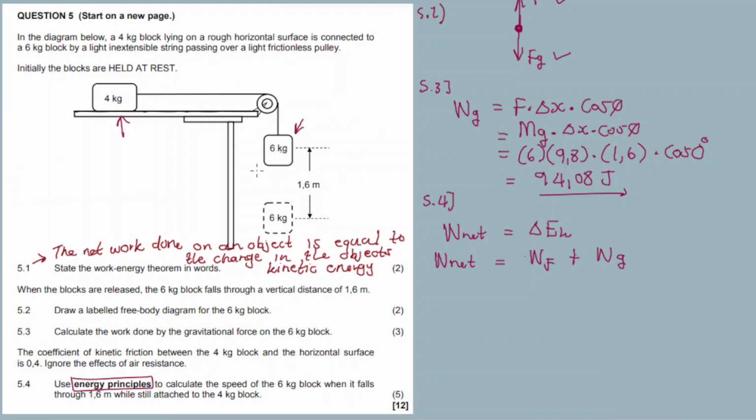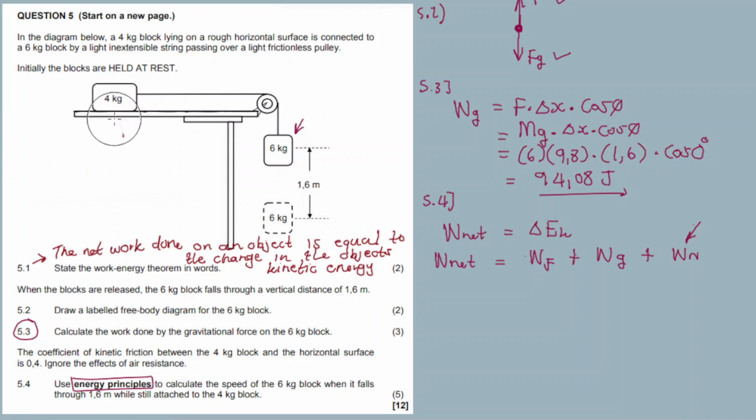The 6 kg block, which is something we calculated like in 5.3, plus the work done by the normal force. Is the normal force also doing work on this block? No. But okay, let's just include the gravitational force on the 4 kg block as well.